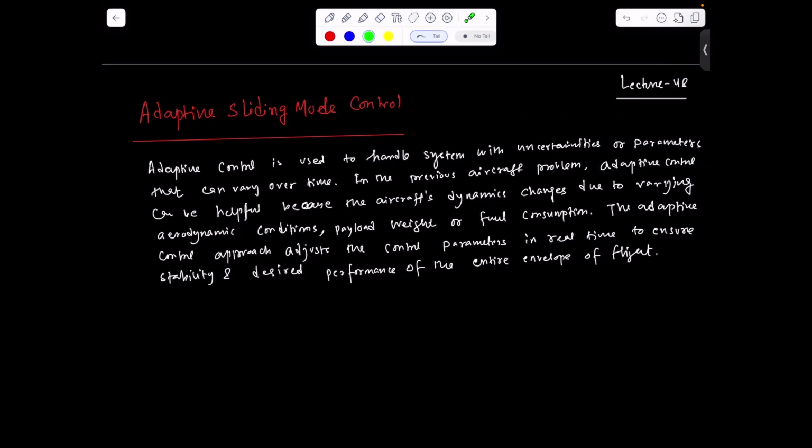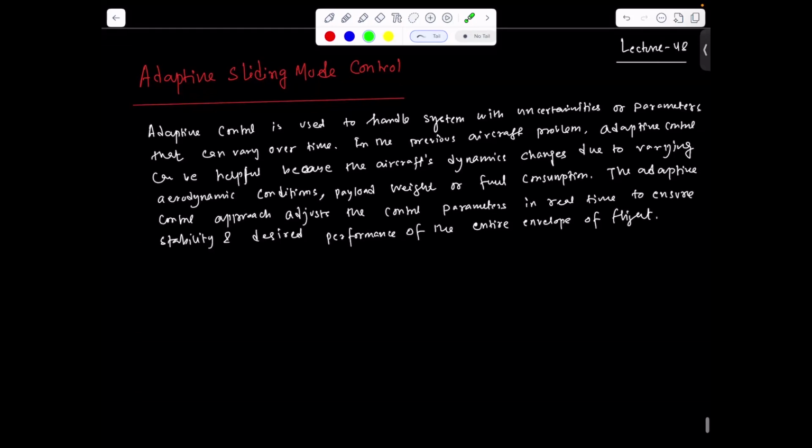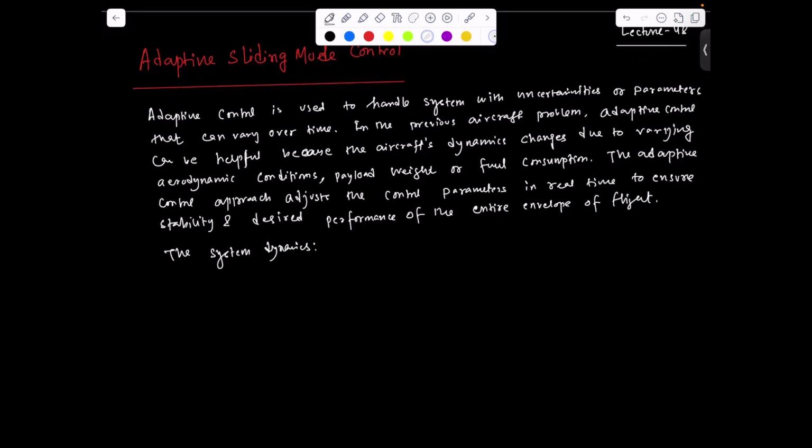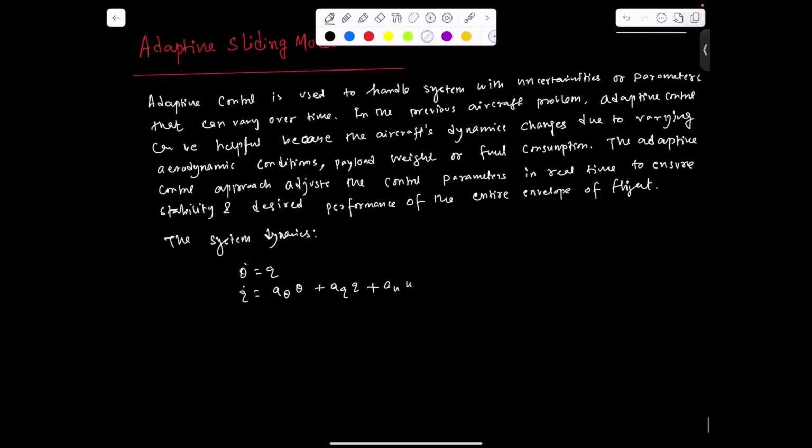We'll consider the system dynamics, the linearized model of the longitudinal motion dynamics, which is theta dot equal to q and q dot equal to A theta theta plus AQ q plus AU u. Let us define this as equation number 1.